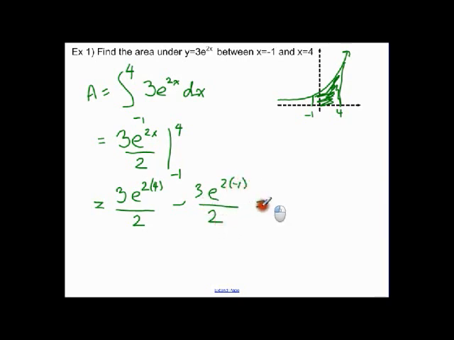Okay, and we can simplify this just a little bit and say that that's equal to 3 e to the 8 minus e to the -2, over 2. You can get a decimal answer for this, but this is completely acceptable. So that's the area under the curve there.